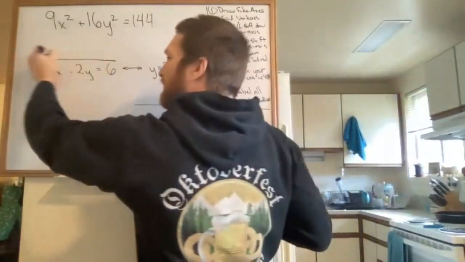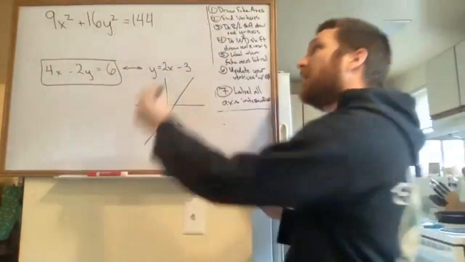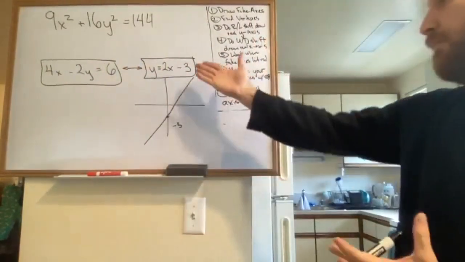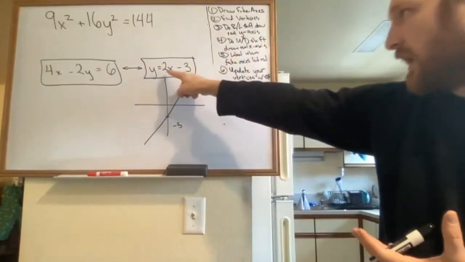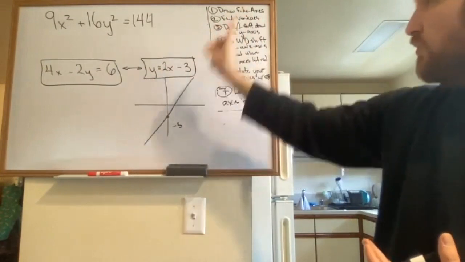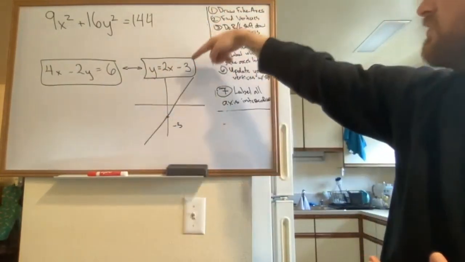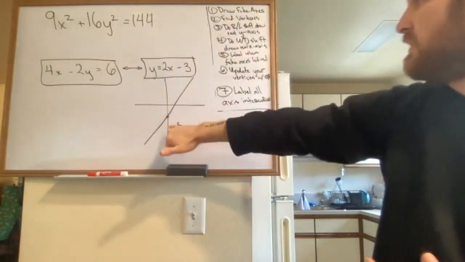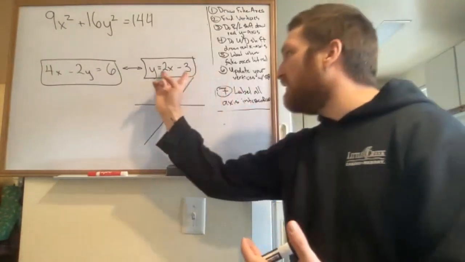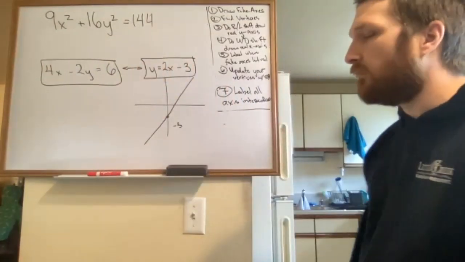Whereas this one, I don't even need to graph it. I can see it's an upward slope. It's going up by 2 for every run of 1. And it's also been shifted down 3 units. So it goes down here through 3. There's a lot of information contained in this right here.